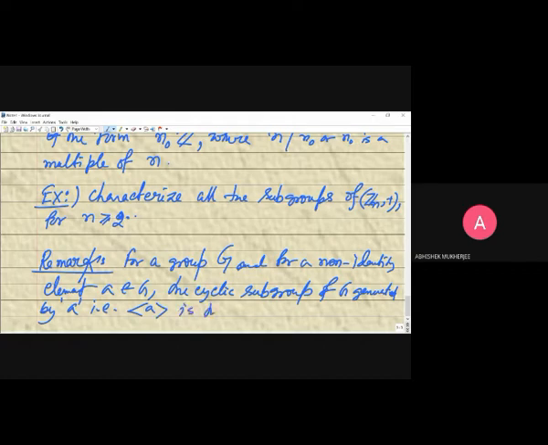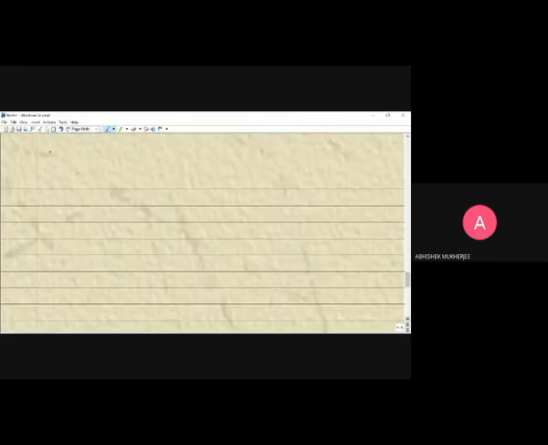is the smallest subgroup of G containing small a.